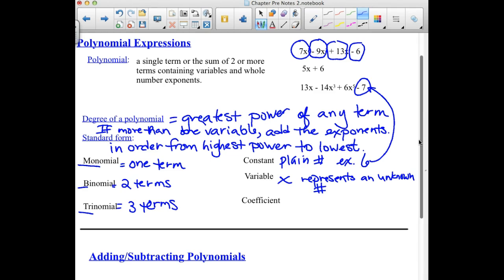And coefficients, those are the front numbers, the numbers in front of your variable. So if I had a term of 3x, 3 would be the coefficient piece of that.